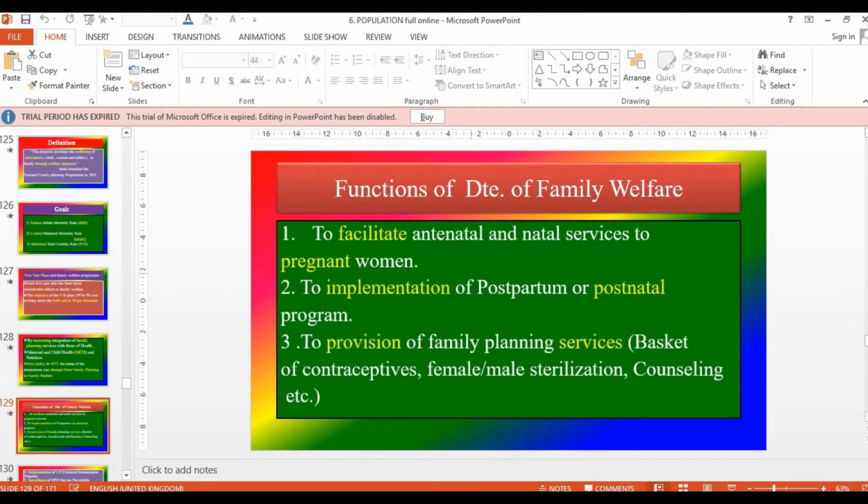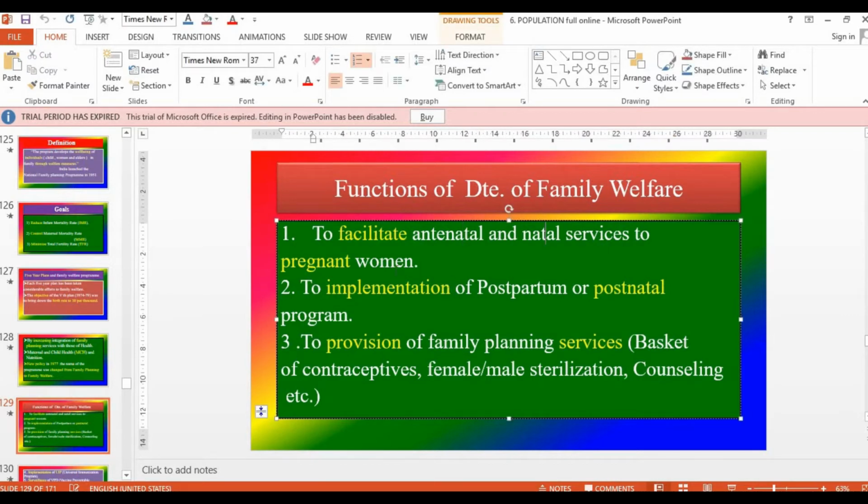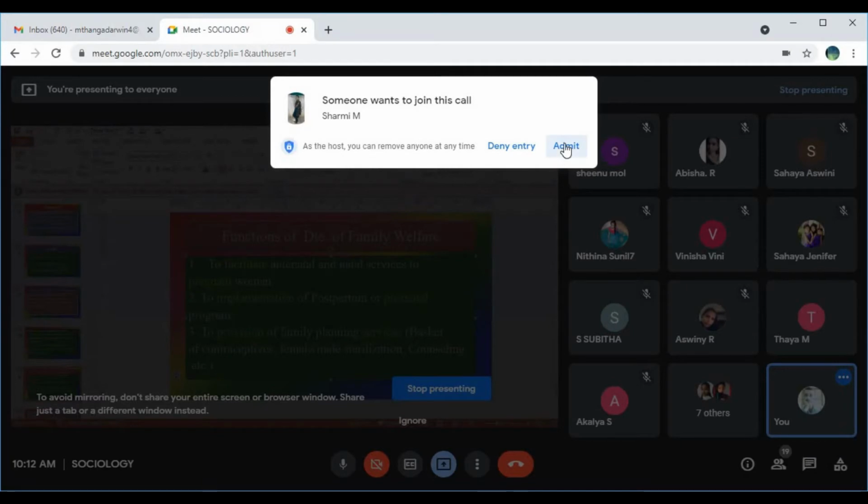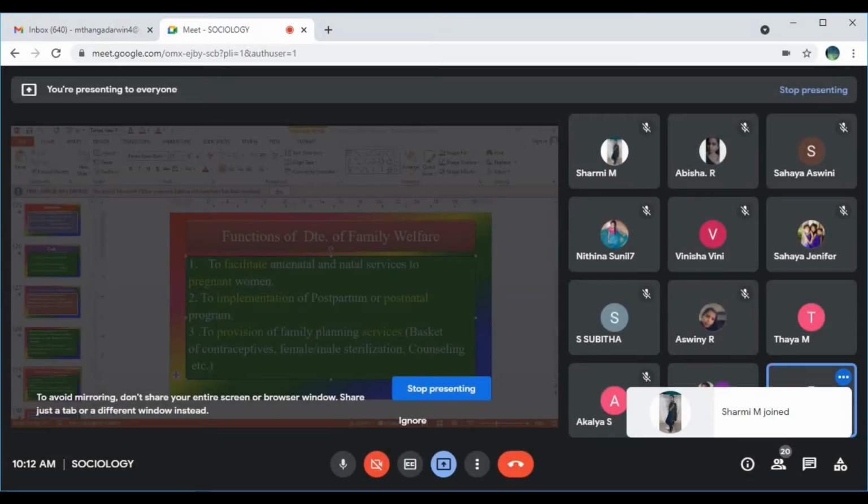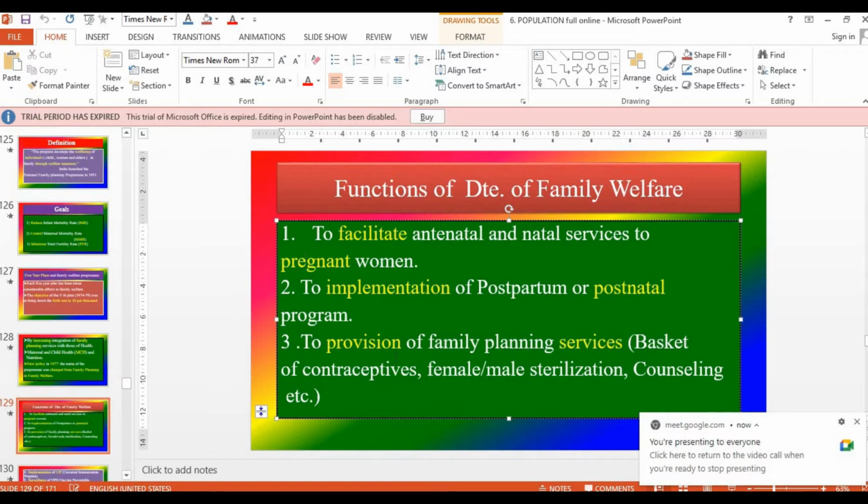Then the functions of the Department of Family Welfare. First function, facilitate antenatal and natal services for pregnant women. Second, implement the postnatal program.